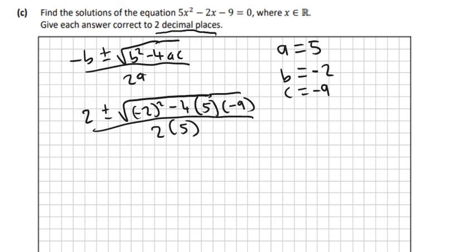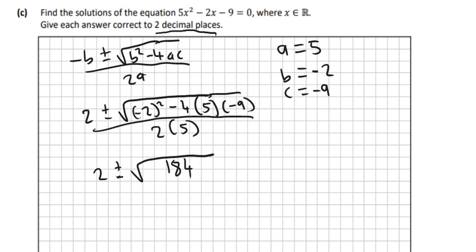And you can go straight to the calculator if you want, and you can put in all that with a minus and then put it in with a plus, or if you want to tidy it up a little bit, you can do 2 plus or minus square root of, so that would be 4 there, and you're doing minus 4 times 5 would be 20 times minus 9, so it'll be plus anyway, and then 20 times 9 would be 180. So you'll have 4 plus 180, so it'll be 184.